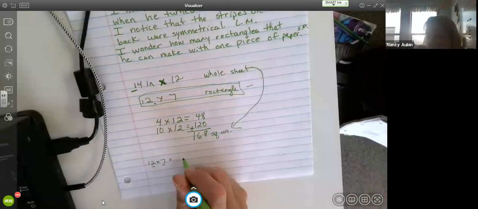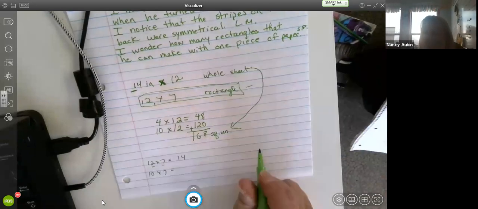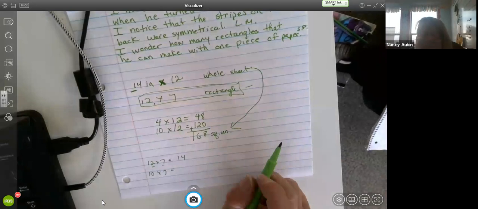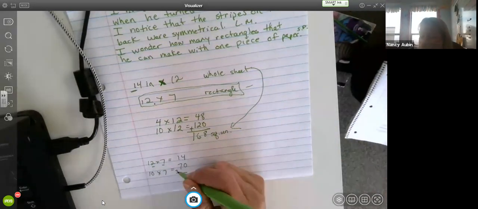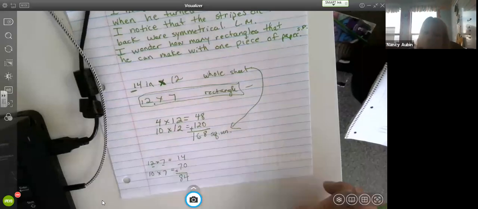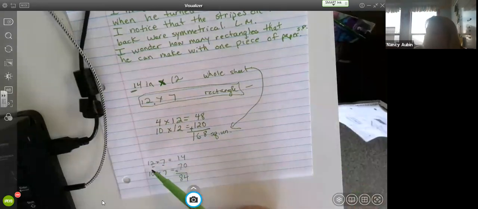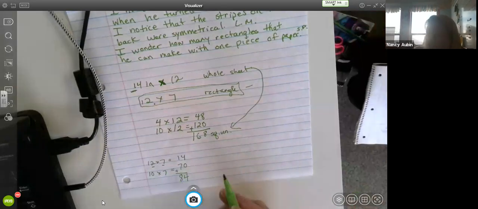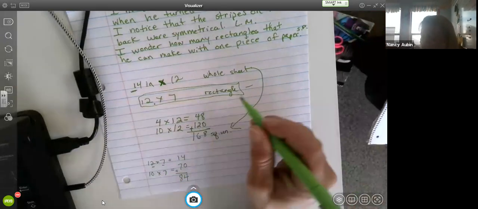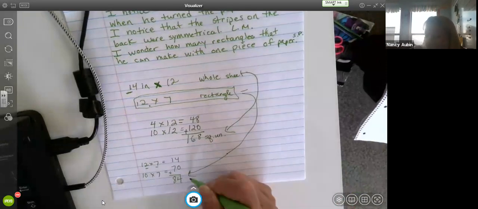And what about that 10? 80, 84. So he's finding the inside rectangle by pulling the numbers apart and adding them together. That's brilliant. All right.